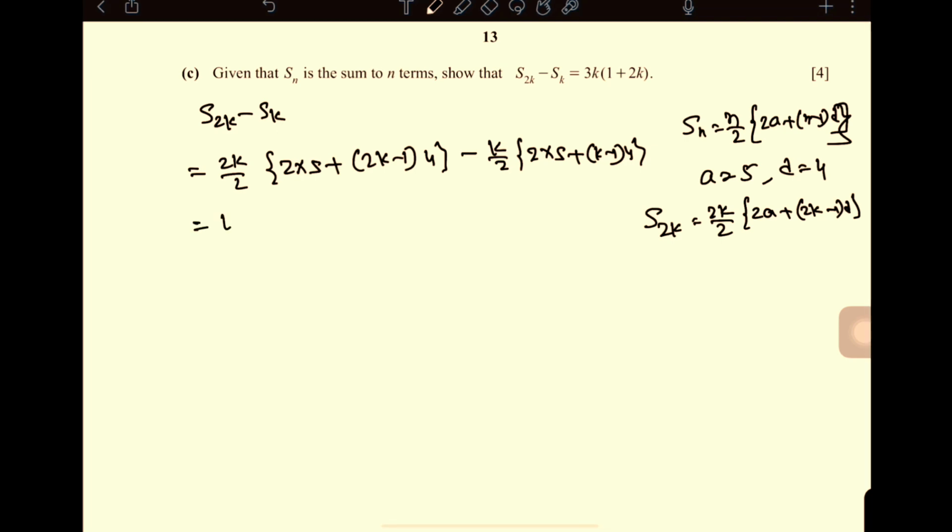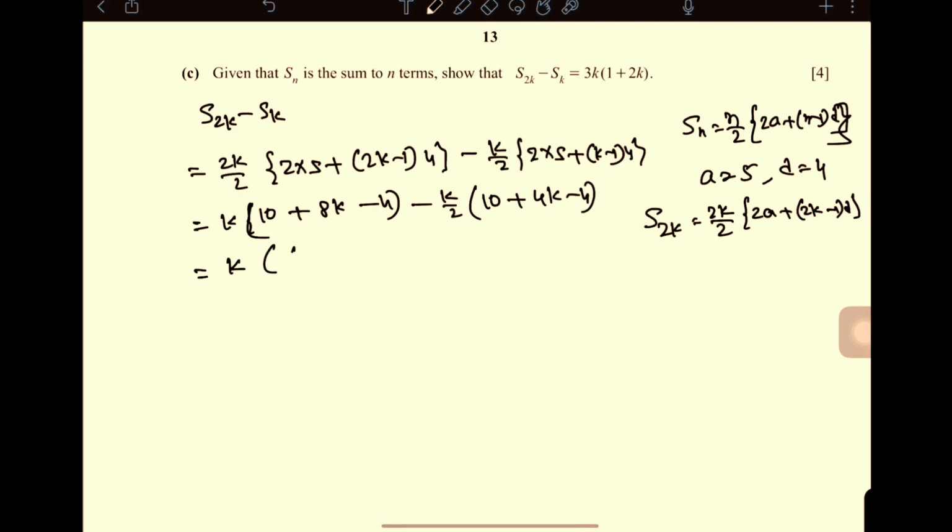Now let us simplify. K, 10, 8k minus 4, if we remove the bracket, k by 2, 10 plus 4k minus 4.